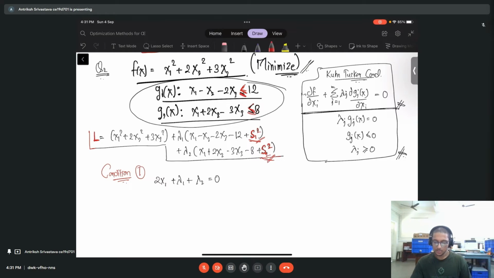Yeah. So now that I have written here the Lagrange function, can you tell me whether this particular differential of this function with the x1 variable is correct or not?